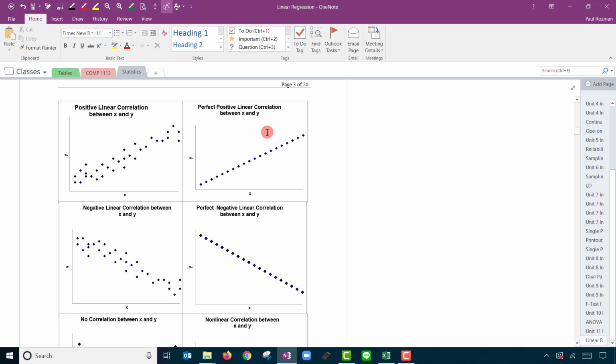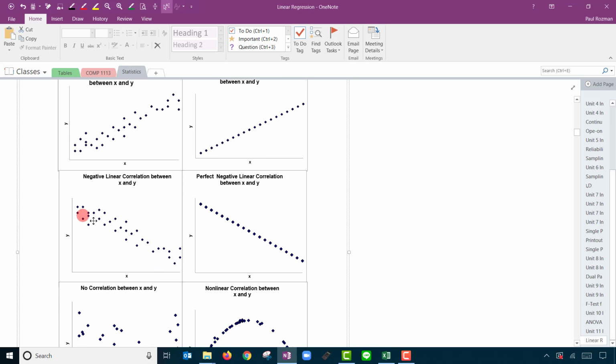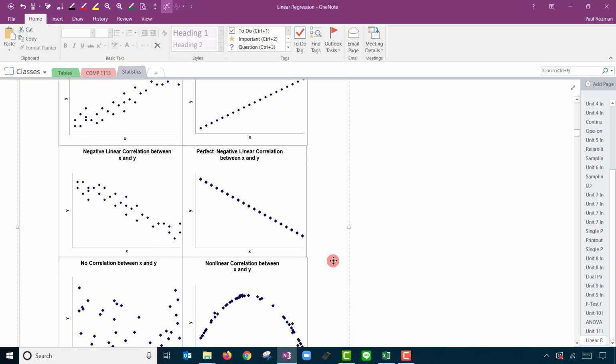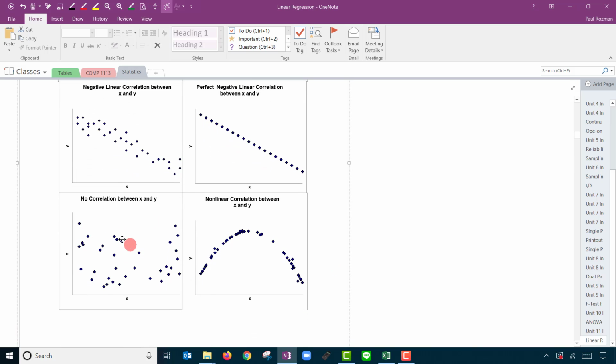Here's a perfect positive linear correlation where every value of y falls right on this line given a value of x. And then we have negative linear correlation, and then perfect negative linear correlation, just negative slopes. And then, you know, oftentimes there's maybe no correlation between the variables, just a random scatter where given a value of x, you have pretty much no idea what y might be.